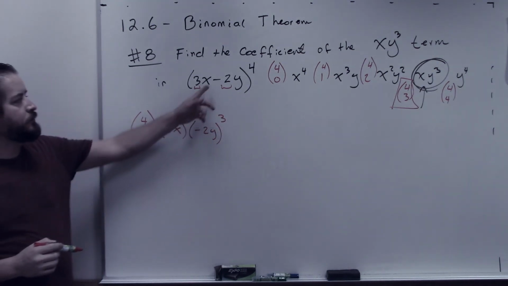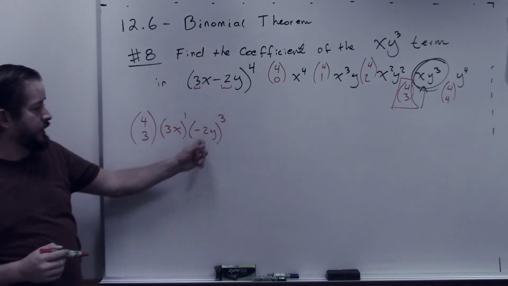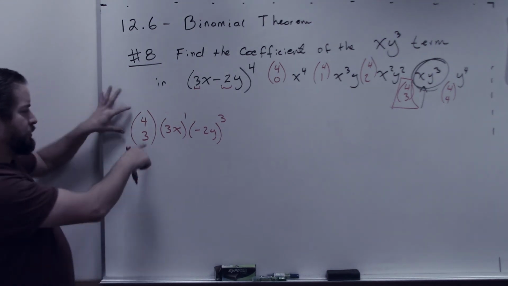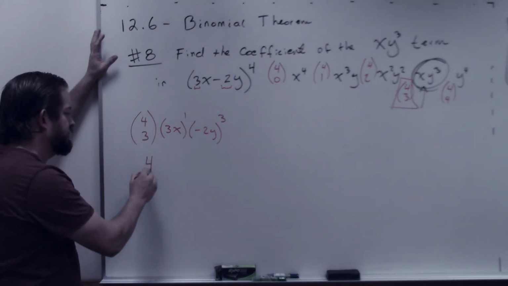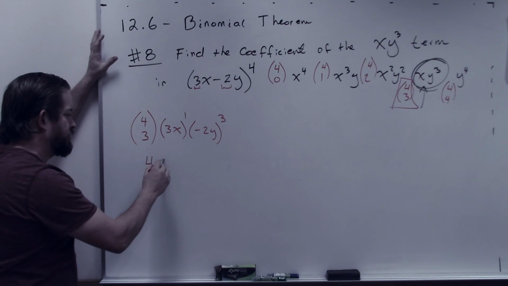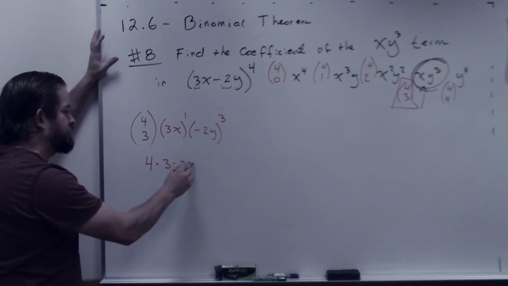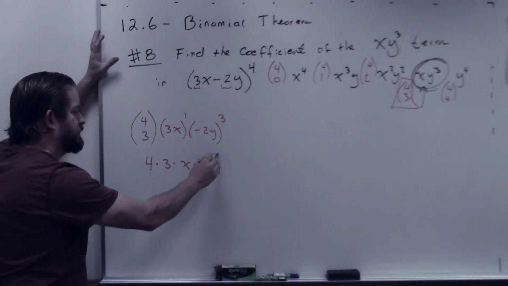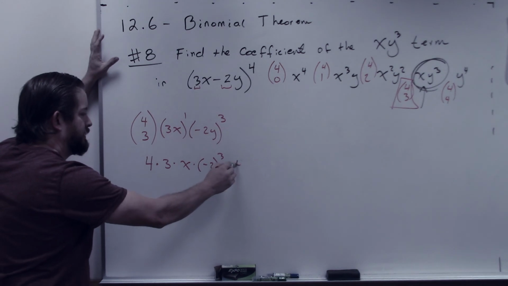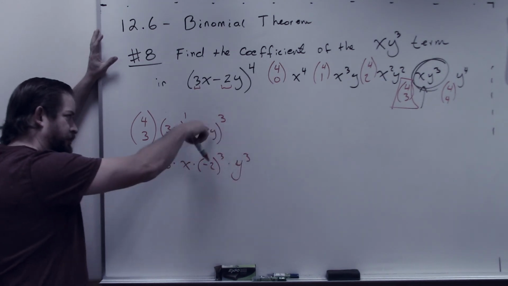Don't lose your negative. If there's a minus in here, then that second term is negative. But we just found that 4 choose 3 is 4. So then I have multiplied by 3, multiplied by x, multiplied by negative 2 to the third, and then multiplied by a y to the third, just distributing that 3 in there.